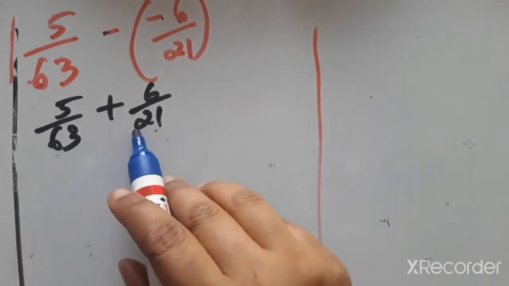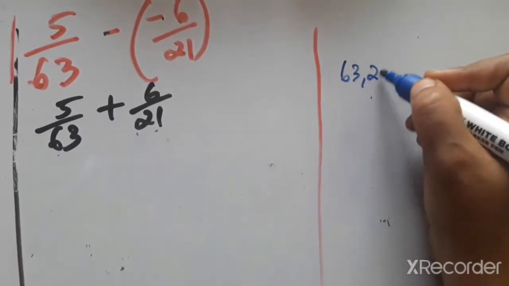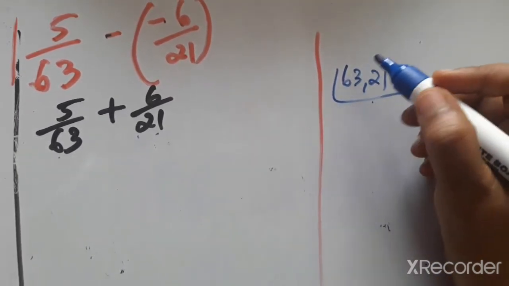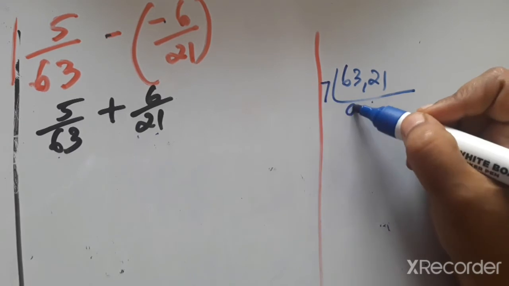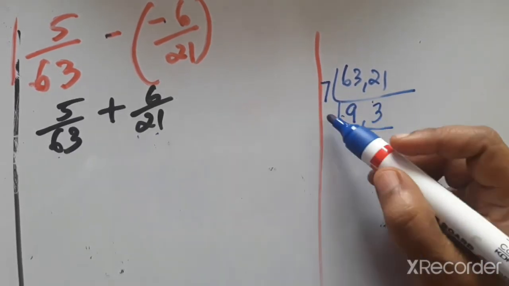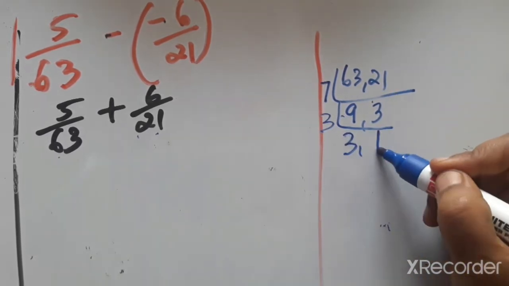Let me find the LCM of the denominators 63 and 21. Which tables will they multiply? 7 9s are 63, 7 3s are 21. And 9 and 3 both will multiply in the 3 table, so we can try with 3. 3 3s are 9, 3 1s are 3.